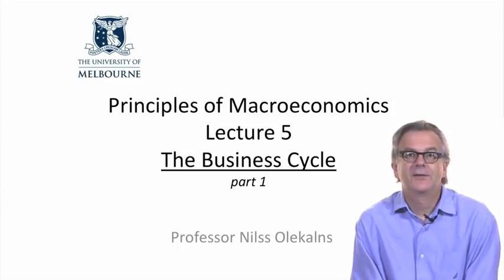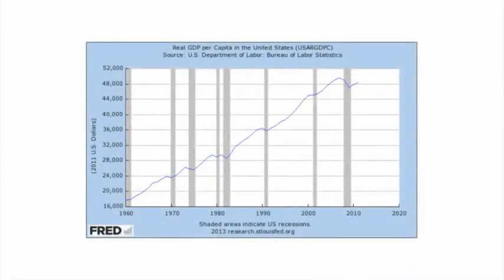The analysis of the business cycle essentially involves an analysis of gross domestic product and why it is that over short periods of time, the long-run upward growth that we described in our previous 2 lectures, why that sometimes seems to be reversed temporarily. Why do we get recessions? Why do these happen fairly frequently?